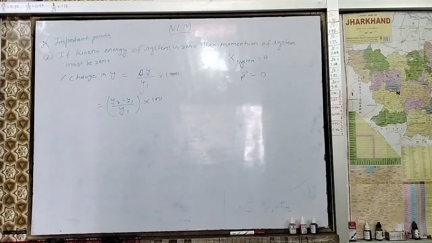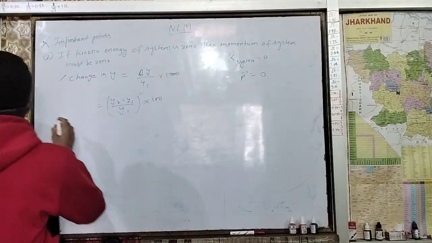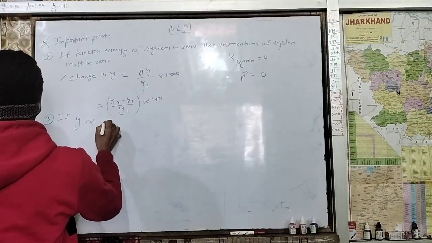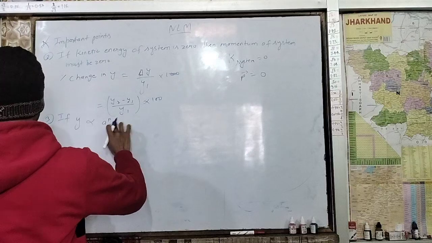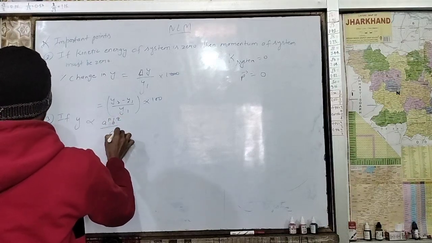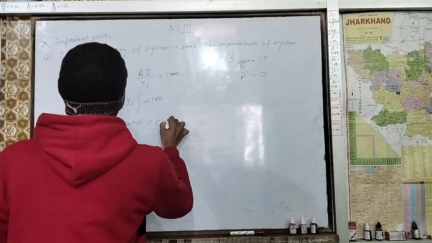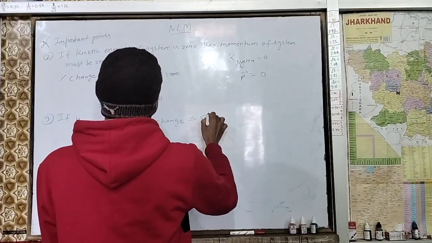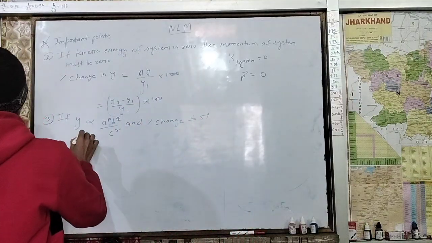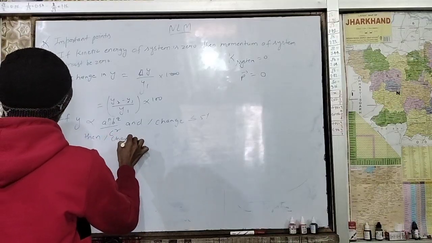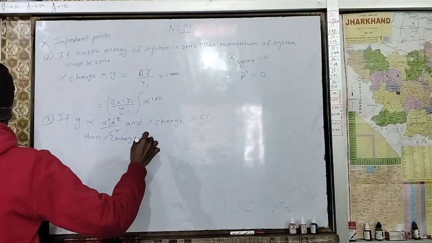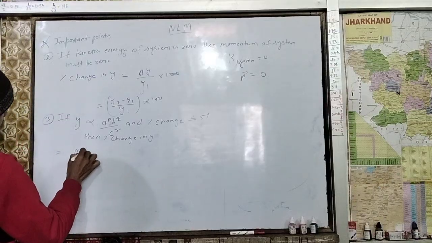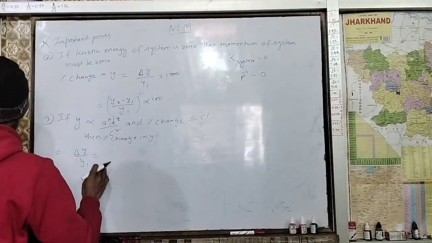Now the next point is: if y is directly proportional to A^p B^q upon C^r, and we want the percentage change, then the percentage change in y will be given by the formula delta y upon y1 into 100.